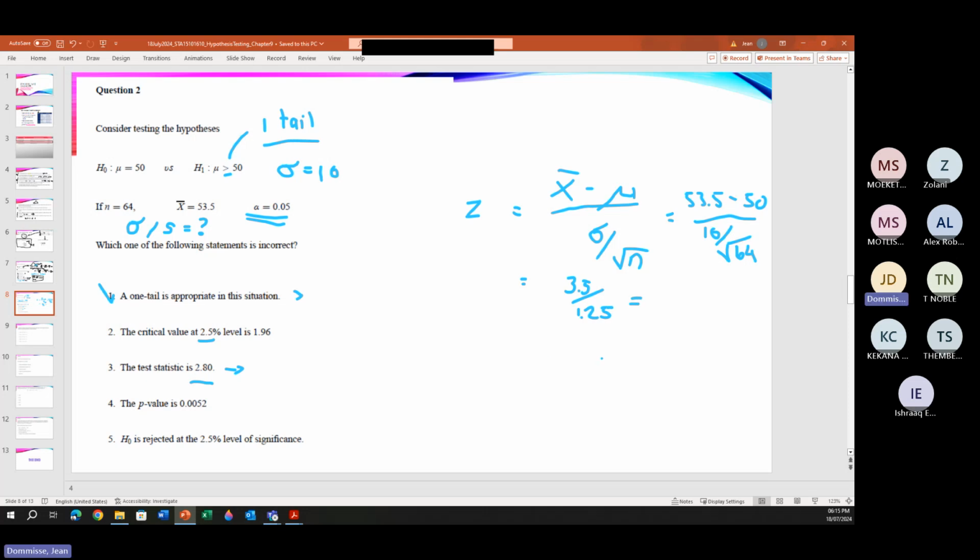So 3.5 divided by 1.25 is equal to 2.8. And so that we know is correct.